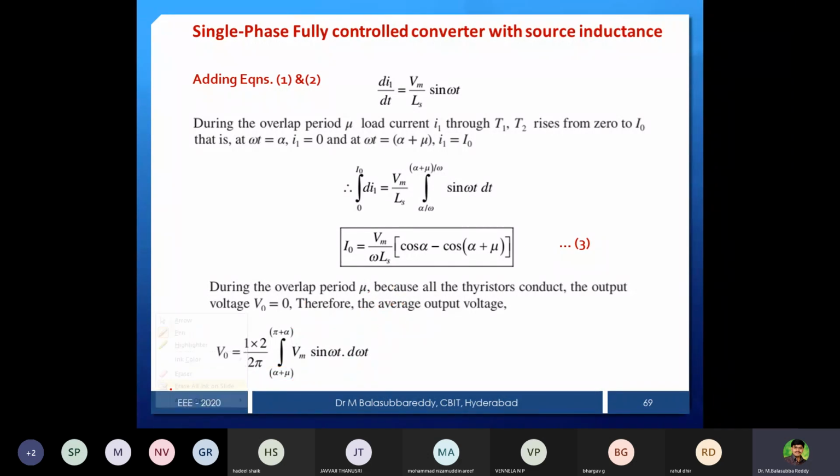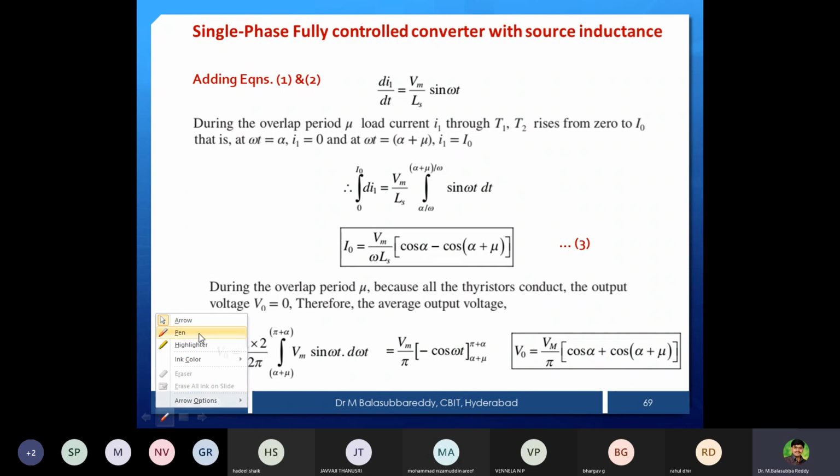So that is the case of V out, and if I integrate this portion, you can get the average output voltage. Now you can notice the previous average output voltage and this one. Previous voltage is VDC at RL load alone. We mentioned that it is 2 Vm by pi into cos alpha.